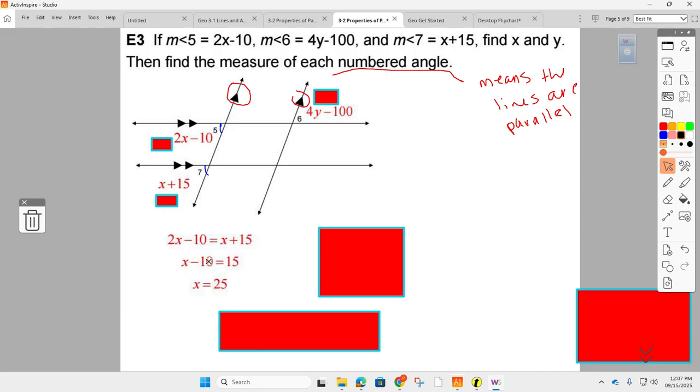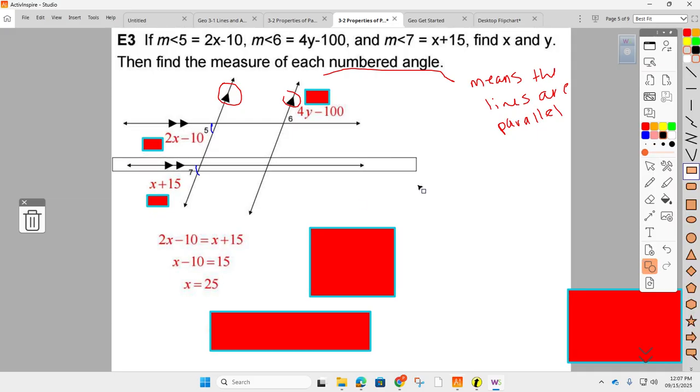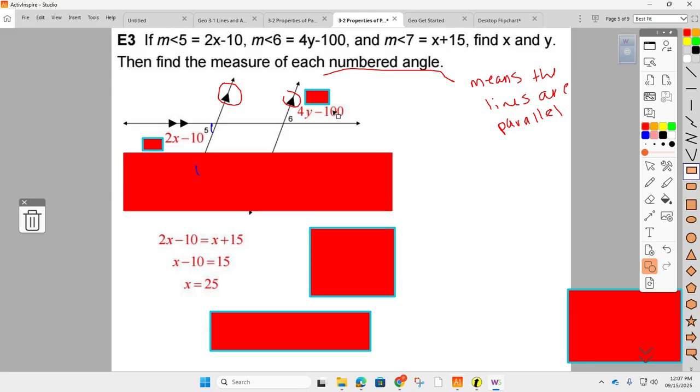Well, now we can look at, oops, not what I wanted to do. So now we can look at these 8 angles, right? Angle 5 and angle 6 now are angle pairs we can look at.